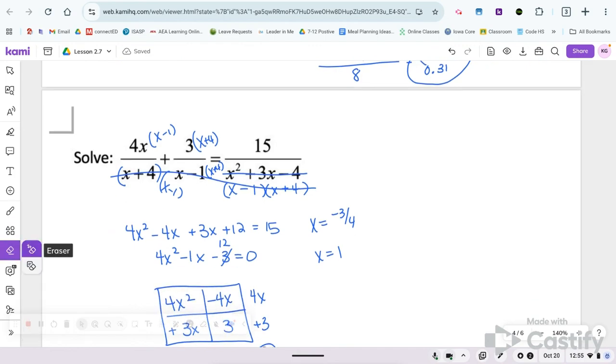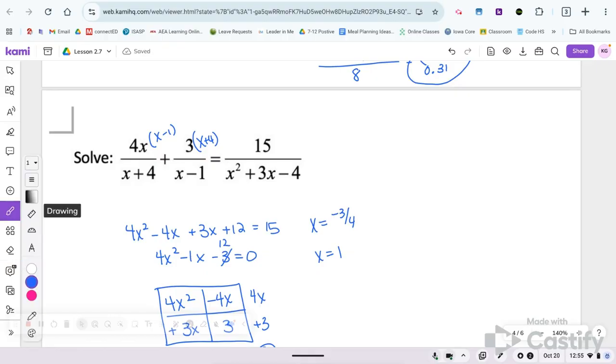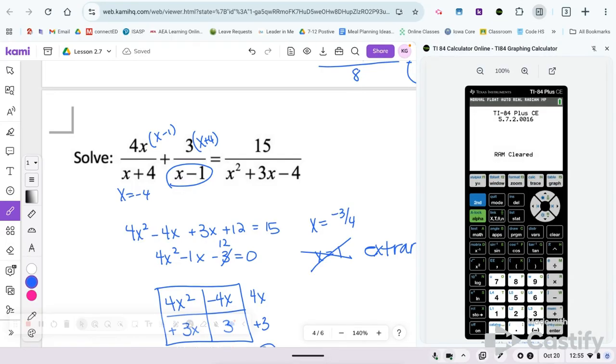However, when I go back to this original one here, first of all, I know that positive 1 would not work. And I knew negative 4 would not work, which is not my solution. And then I'm going to go ahead and check my negative 3/4 squared.